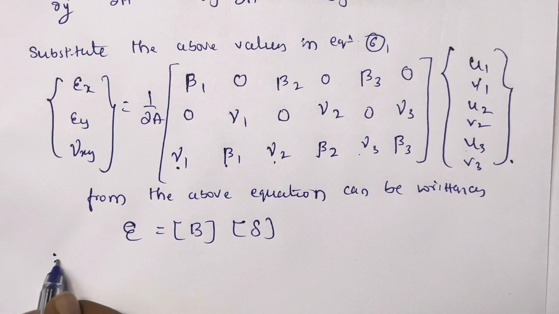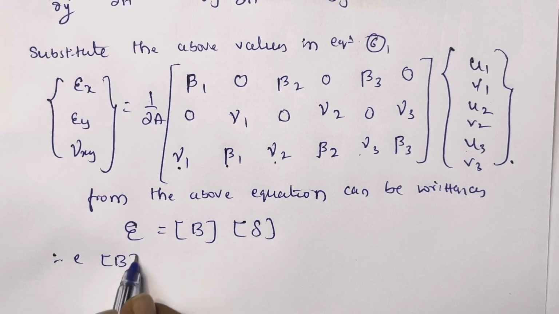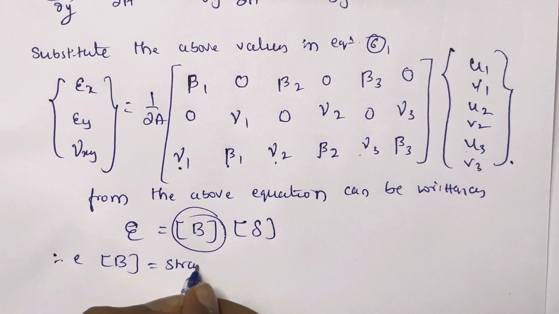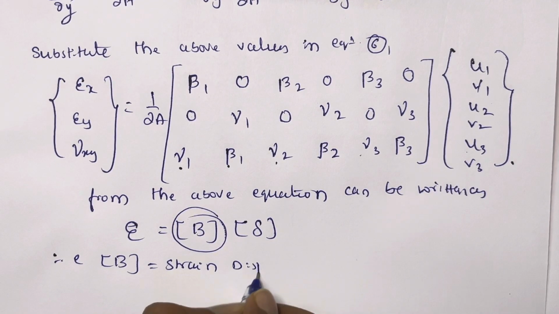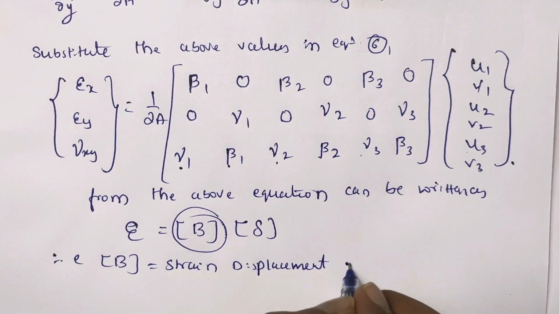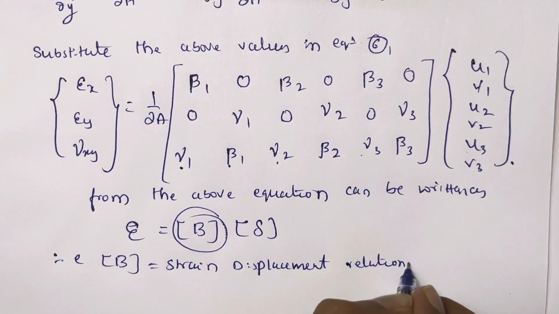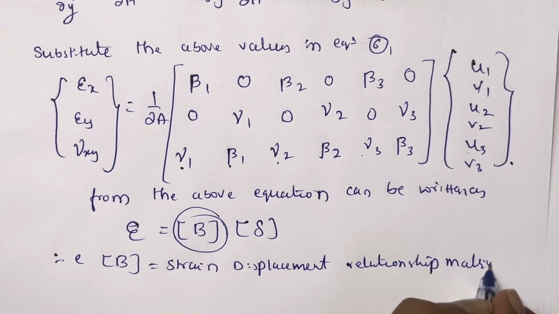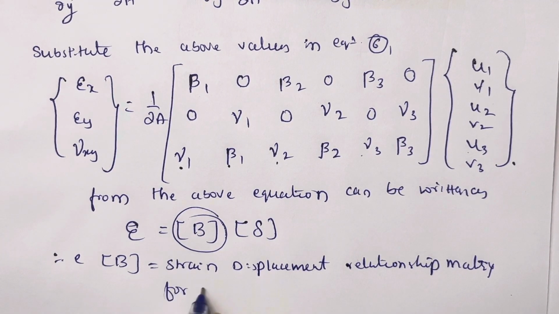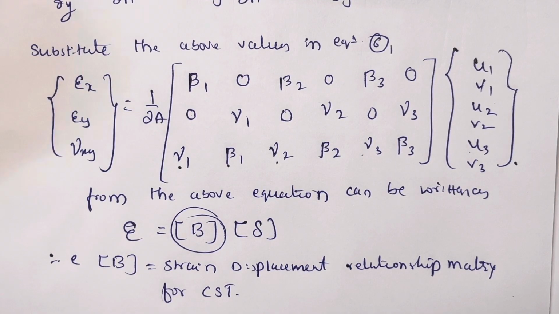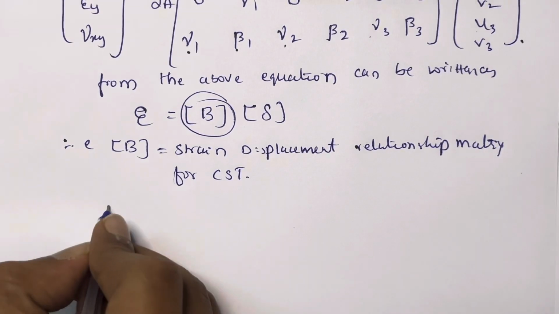The matrix B is nothing but the strain displacement relationship matrix for CST, that is constant strain triangle.